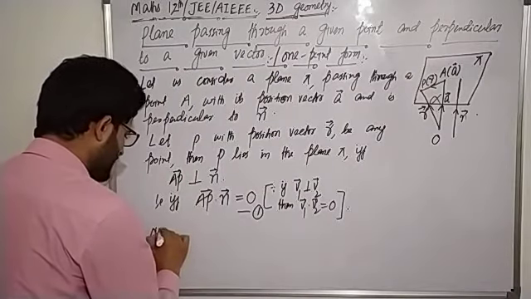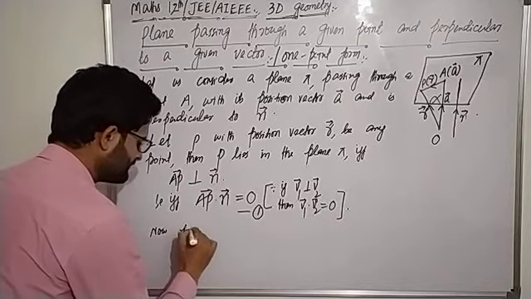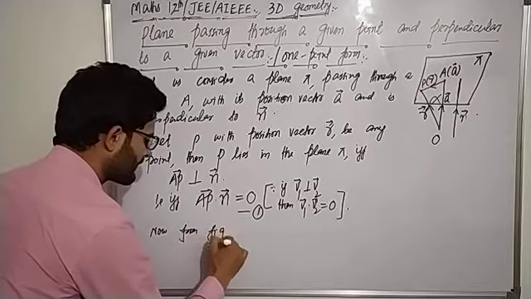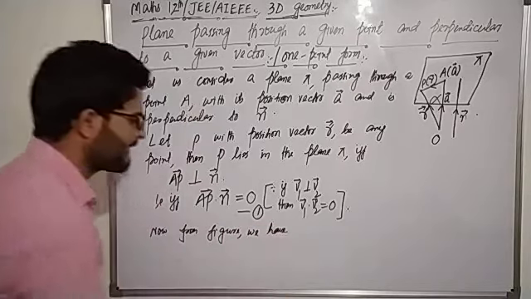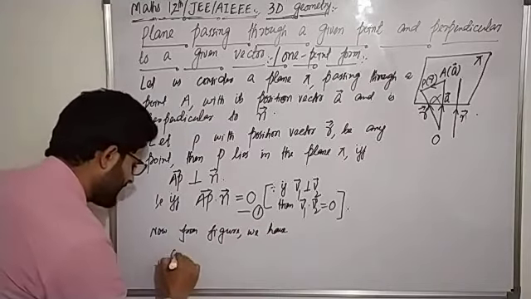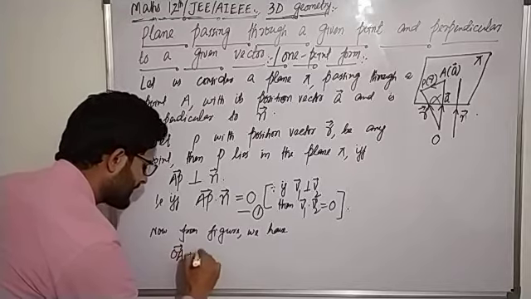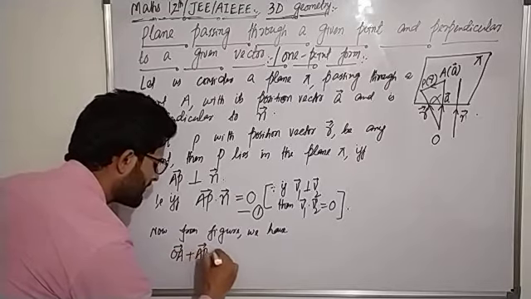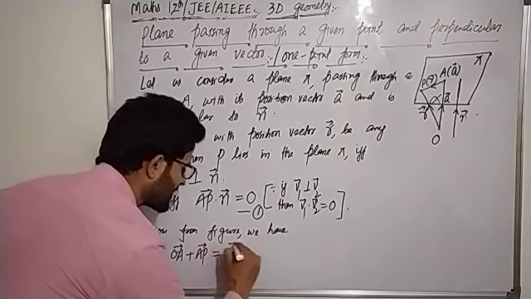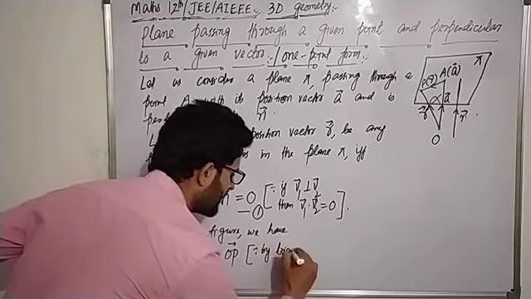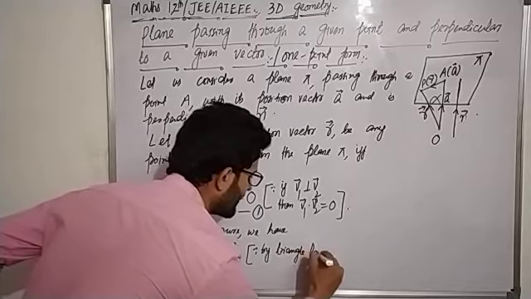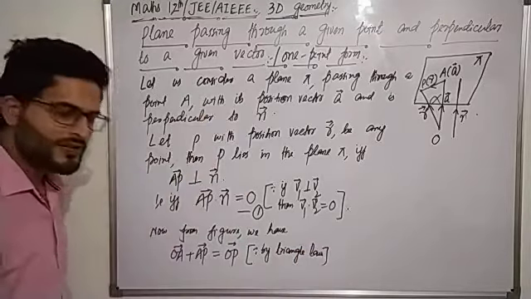So now from the figure we have OA vector plus AP vector must be equal to OP vector, by triangle law, right?